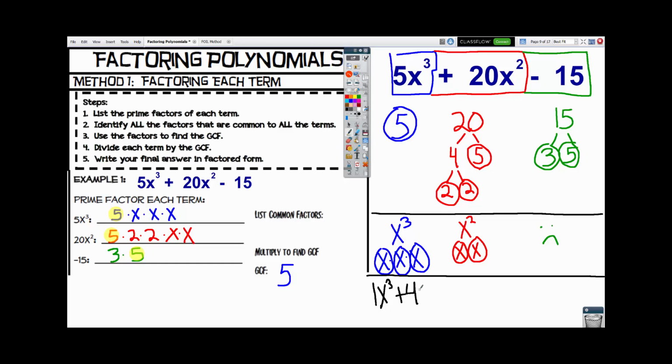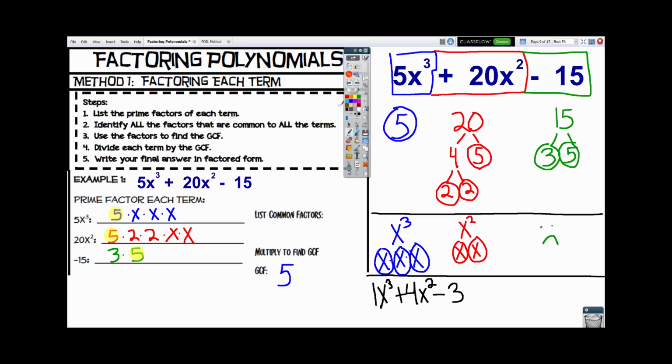And again, nothing with the variables has changed. We did not factor out any x's, so nothing changes about the variable. Okay, and then 15 divided by 5 would give us 3. And I just brought down the plus sign and the minus sign and put them in the exact same spot.